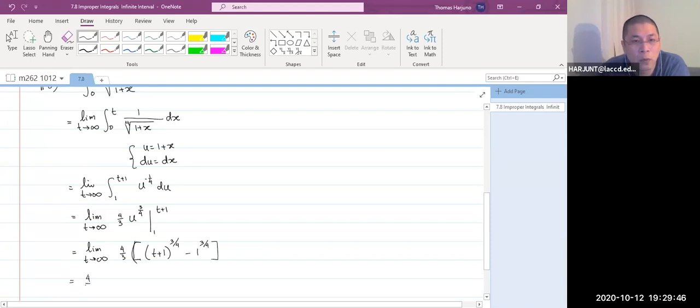That's 4/3 times the limit as t goes to infinity of (t plus 1) to the power of 3/4 minus 4/3.